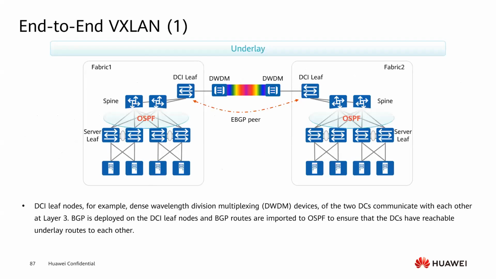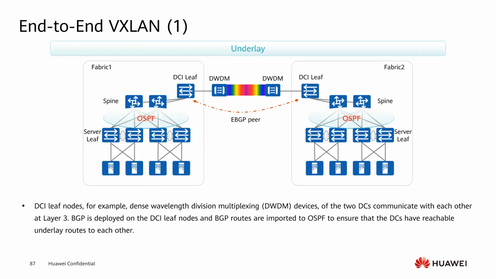First, let's look at the underlay deployment for the end-to-end VXLAN. The key point is we need to make sure every node, I mean the server leaf and the VTEP, can communicate with each other and with the VTEPs in other DCs.